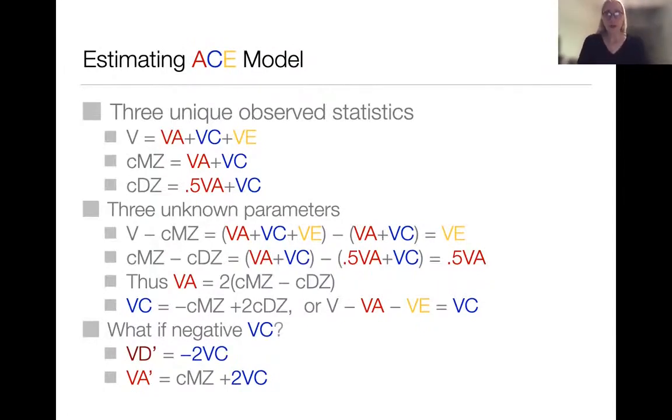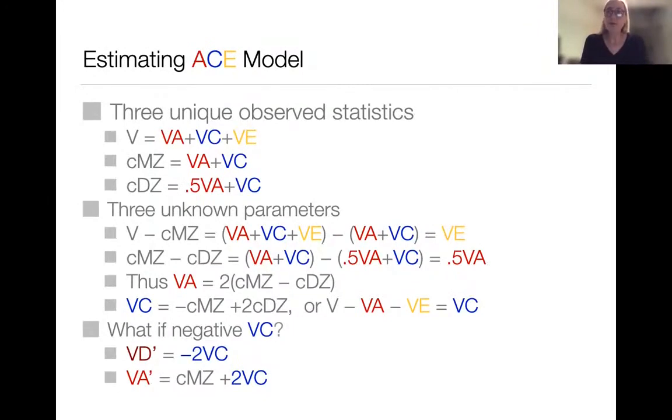If the MZ correlation, or maybe it's easier to put it this way, if the DZ correlation is greater than half the MZ correlation, it suggests that there is additional environmental factors that contribute to both the MZ and the DZ covariance.